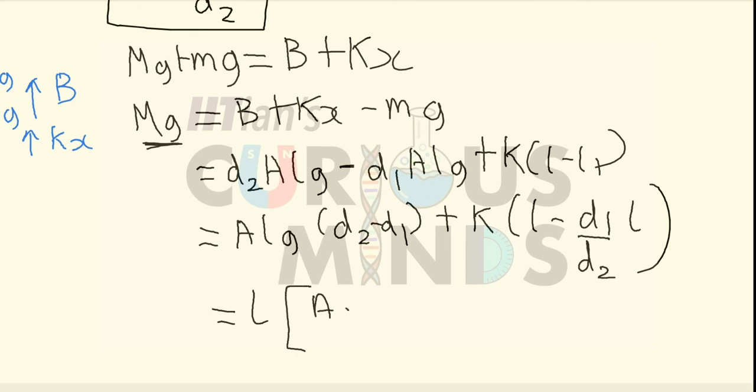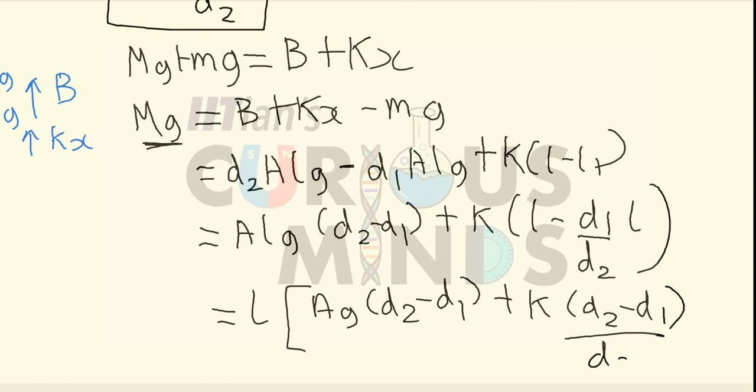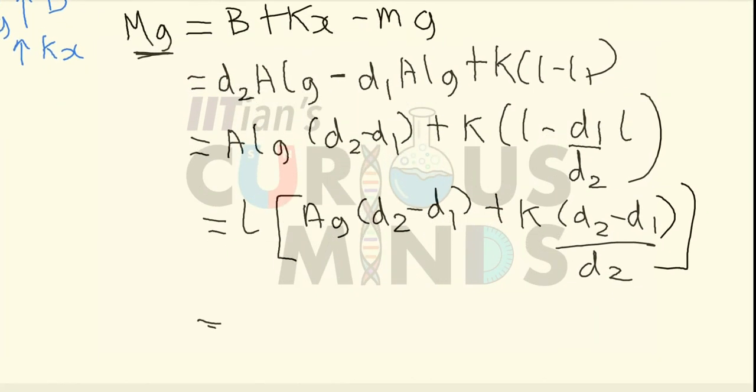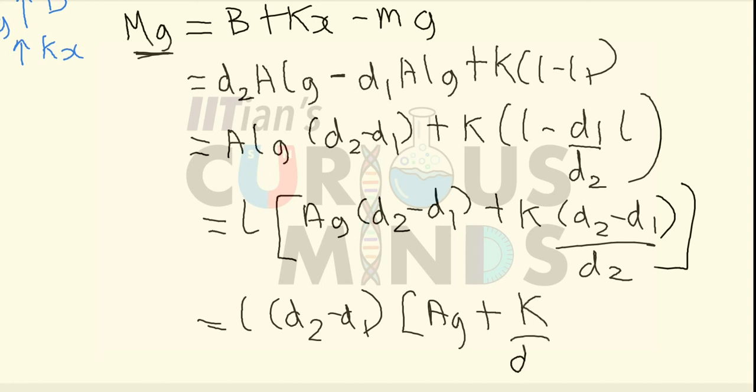It will be equal to Ag (d2 minus d1) plus k (d2 minus d1) divided by d2. Over here I can take d2 minus d1 also common. So it is L (d2 minus d1) times (A g plus k divided by d2). This will be the total weight added.